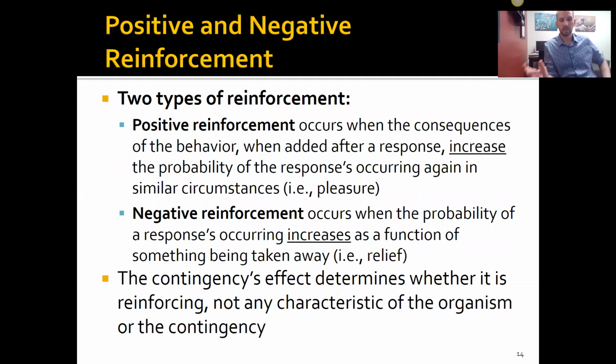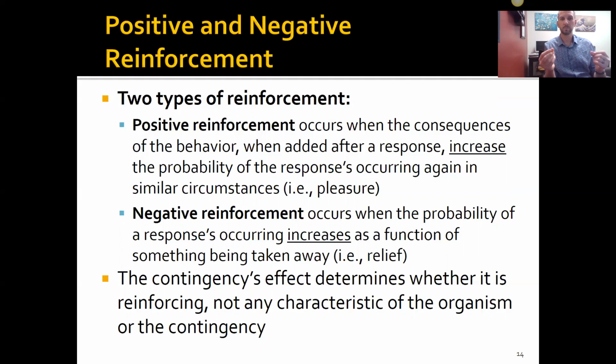So then you have two types of reinforcement. Okay, so if you talk only about reinforcement, Skinner introduced this idea, and some of you may have heard this before because this has been discussed in general psychology. You have positive reinforcement and negative reinforcement. These ideas are often misunderstood.